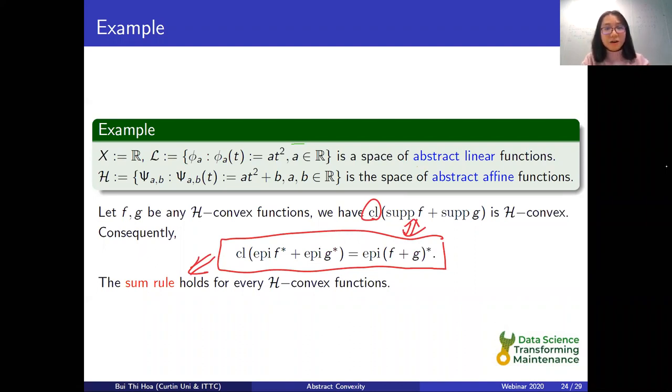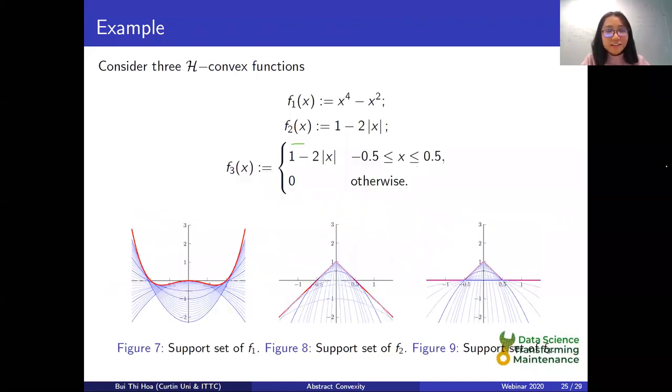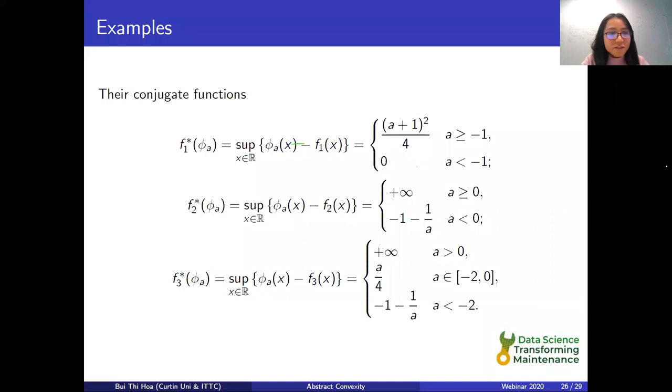Okay, so this is about the space. Now we go further into a specific example. First, consider these three simple functions. It turns out that they are H-convex as well. You can see that I can support these functions by quadratic functions. Then I find the conjugate functions of them, which are easily calculated.